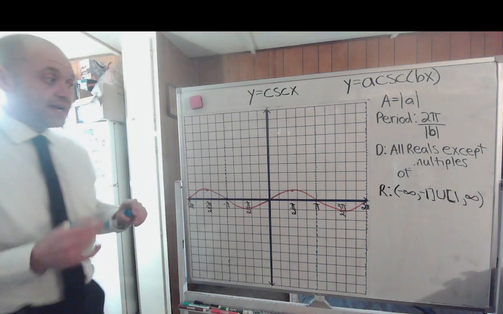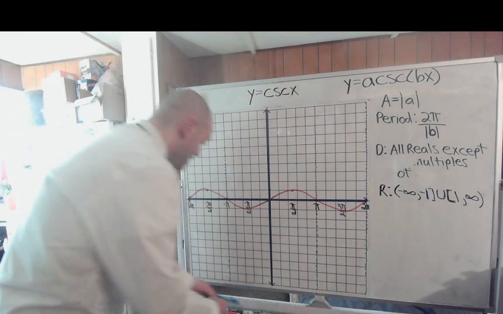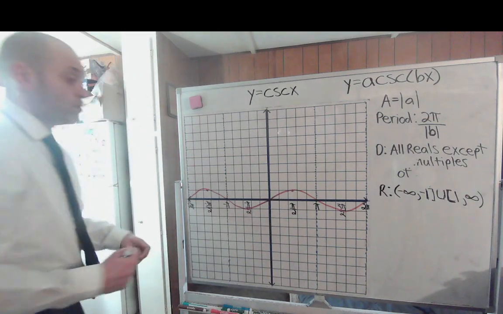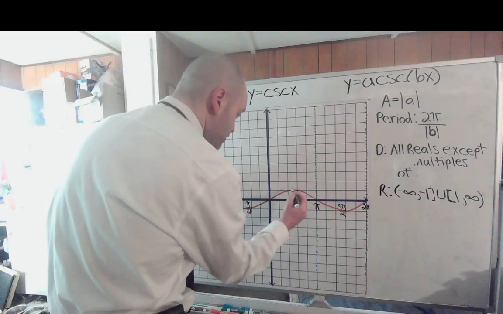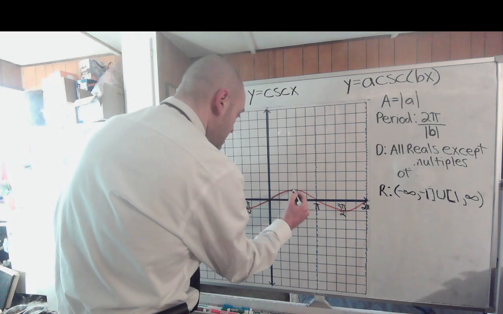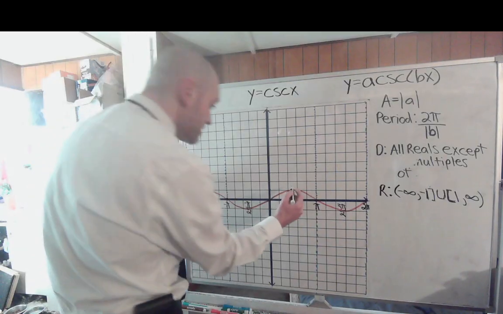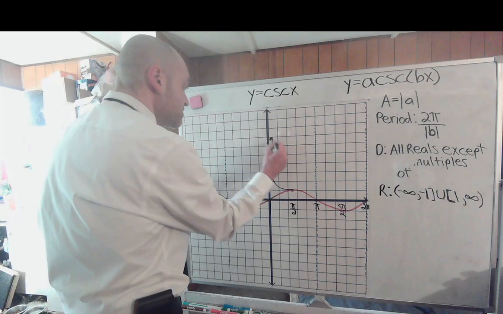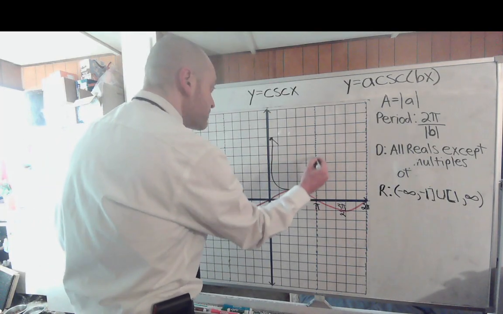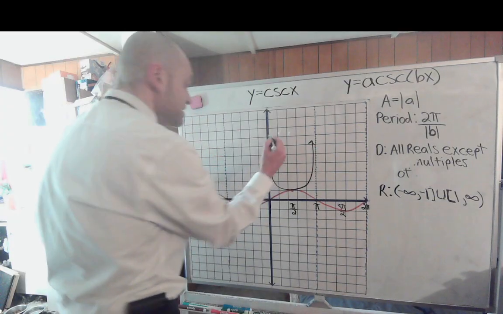Alright, so we have our asymptotes plotted. Now, much like with the secant function, it rides the back of the cosine function. So if your sine is positive, then your cosecant graph is going to be positive also. But you're going to get this instead.